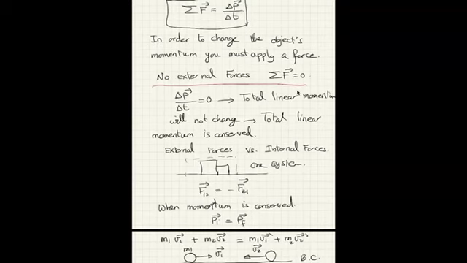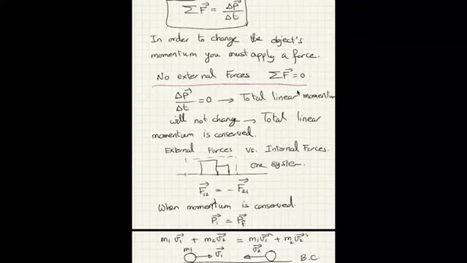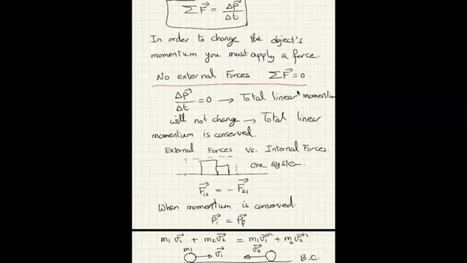And here I want to differentiate between external forces versus internal forces. I consider my two objects as really in one system. And then the internal forces, the ones here, they will cancel. I'm not talking about the internal, I'm talking about the external.